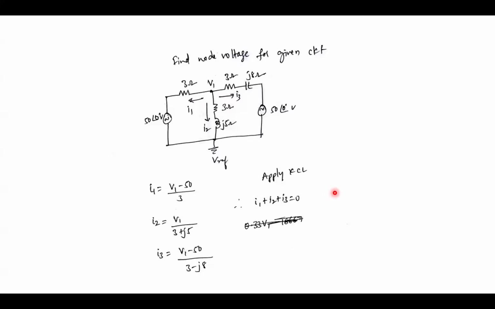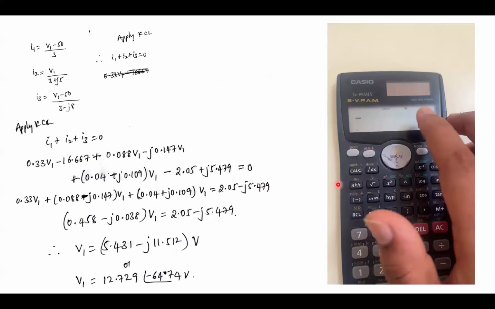The sum of current leaving from the junction equals the sum of the current entering the junction. Leaving, the currents are 3, there is no entering, that is why I1 plus I2 plus I3 equals 0.